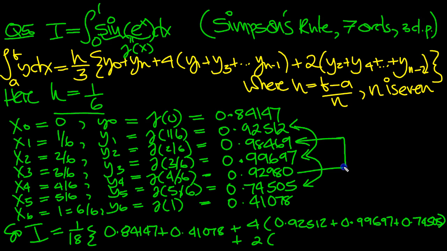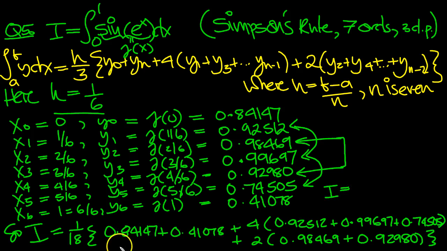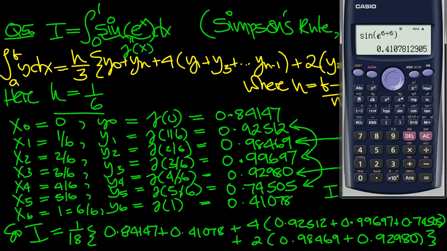There's 2 even digits here and here. 0.98469 plus this one, 0.92980. Close that bracket then, close the brace at the end, and then we need to get our answer. So let's tap it in the calculator then.